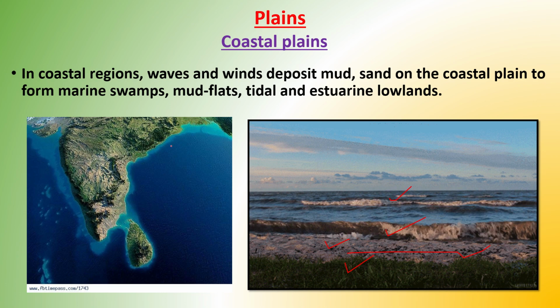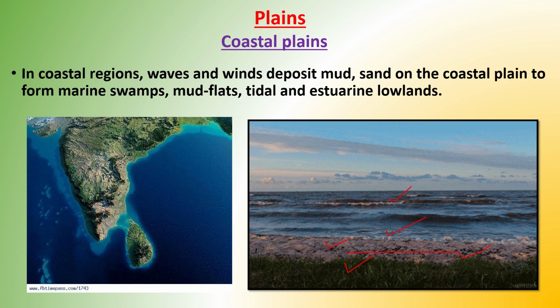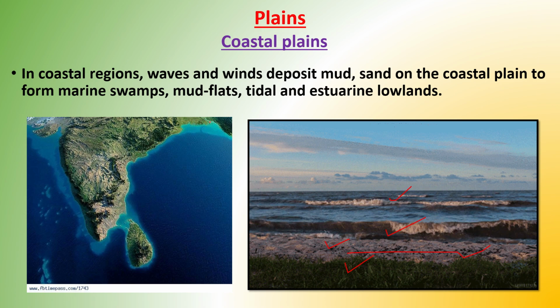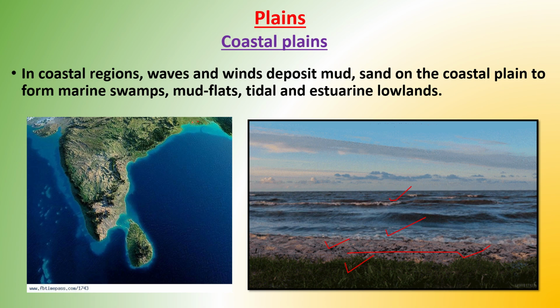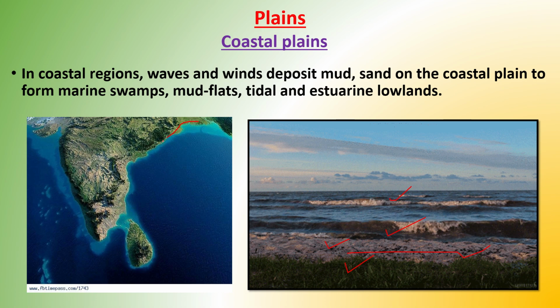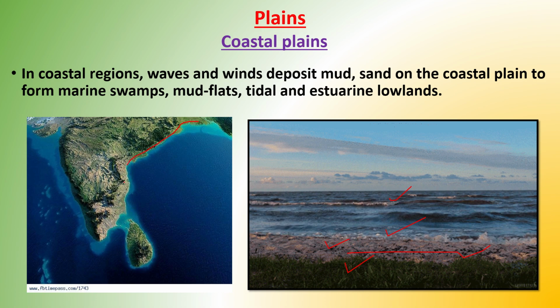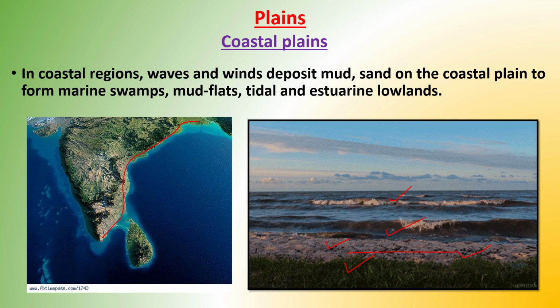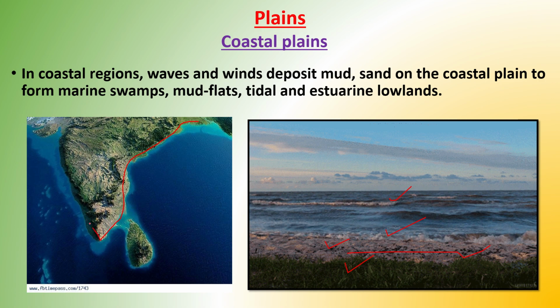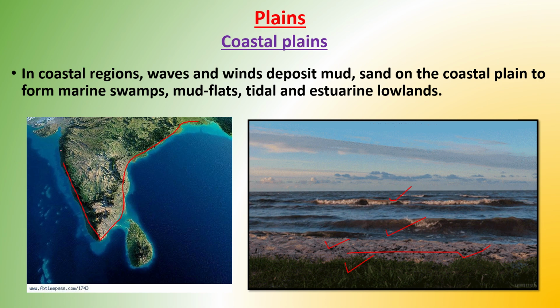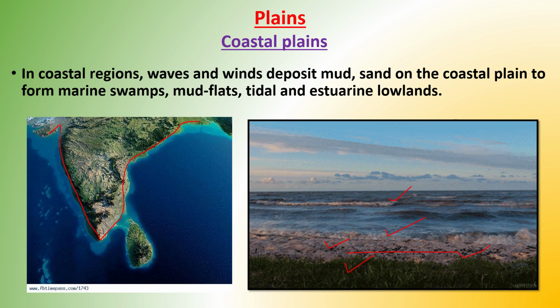In India, we are having these coastal plains from the eastern coast, starting from West Bengal along the eastern coastal plains, and then again towards the western coastal plain, even in Gujarat also.